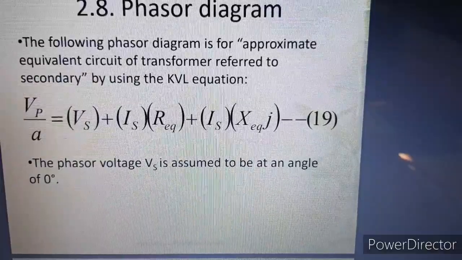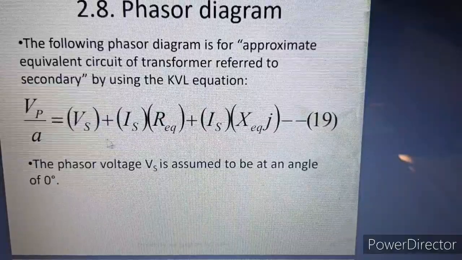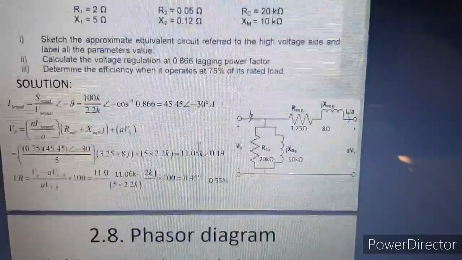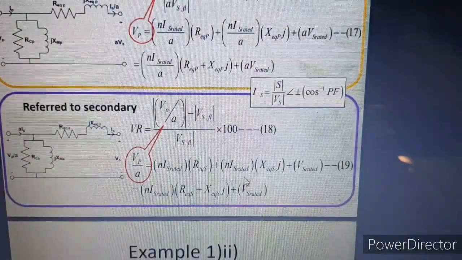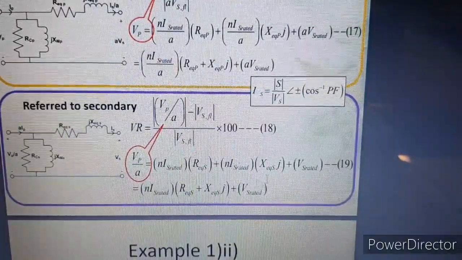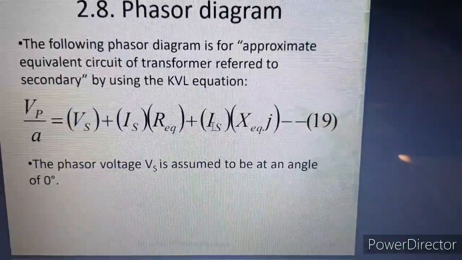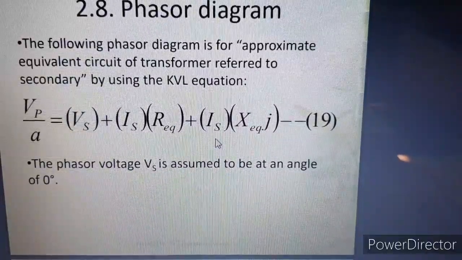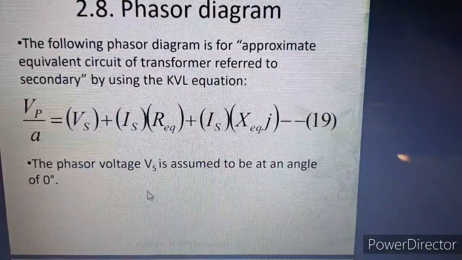The KVL equation referred to secondary is Vp over a equals Vs plus Is R equivalent plus j Is X equivalent S. The same thing, just that we don't have N here because we just want to sketch, not accurately draw the phasor diagram, because N is just a number.